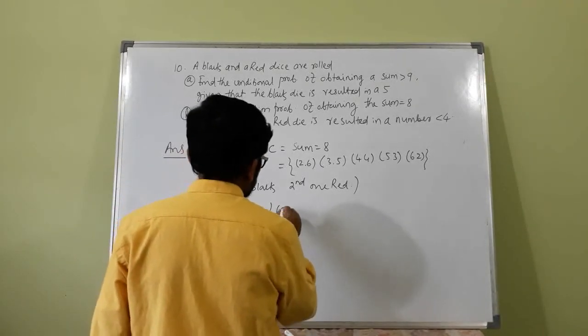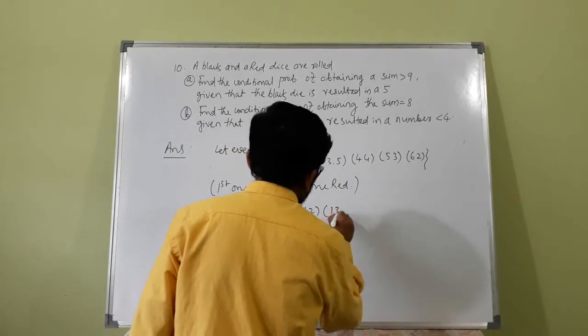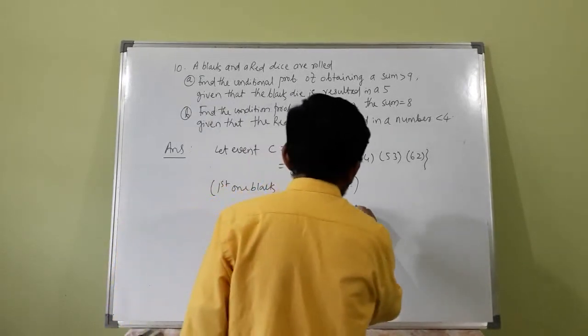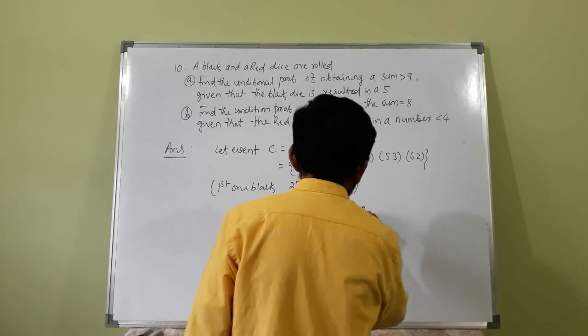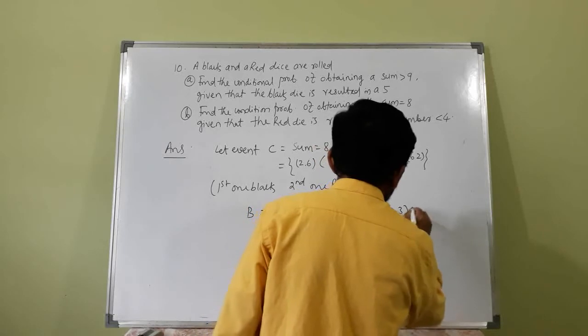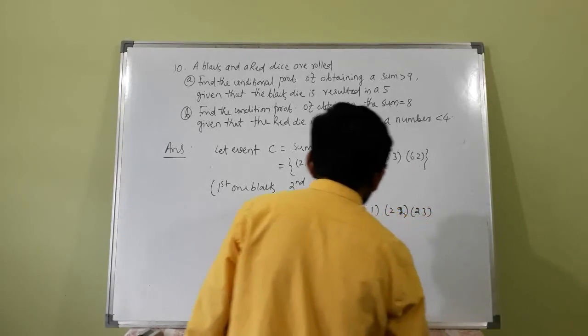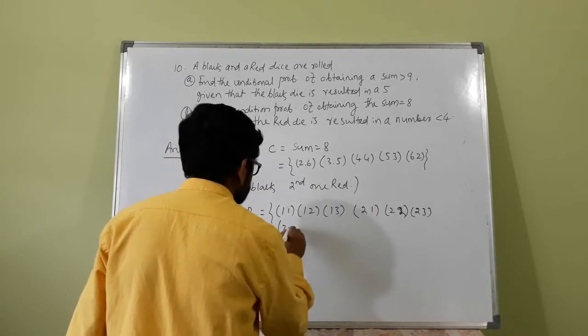Okay, 1, 1, 1, 2, 1, 3. Next, suppose first one is 2: 2, 1, 2, 2, 2, 3, and 3, 1.